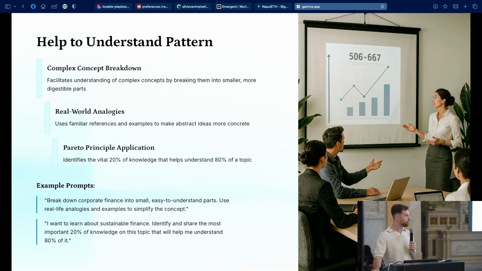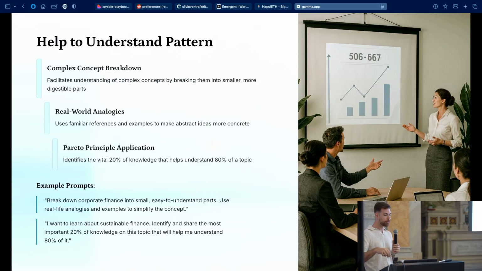This is a small prompt, but it's way better than just saying, tell me something about corporate finance, which is good as well, because maybe you want to know only small topics, but you want some examples or a breakdown structure of the topic. And another one is with the Pareto principle.